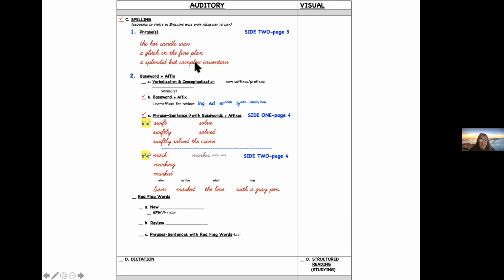So complex, if this were on the visual side of the plan and we were decoding, for example, I know we're doing auditory today, but for just a minute, turn off your auditory switch and turn on your visual one, and assume that these two words were in a list of words that you had the student decode. And he's found the vowel graphemes, he's divided the word into syllables, and he's figured out that the way to pronounce the word that he's looking at is complex.